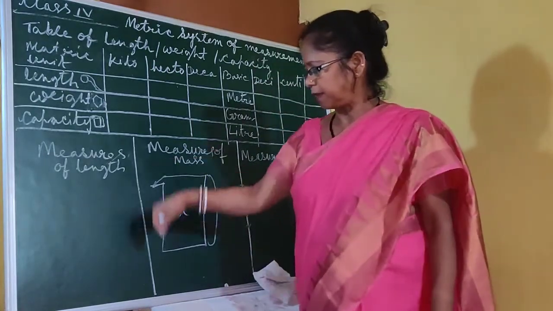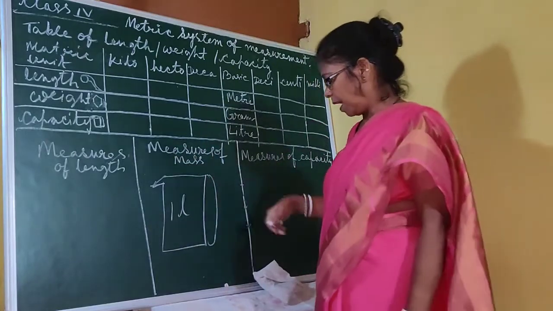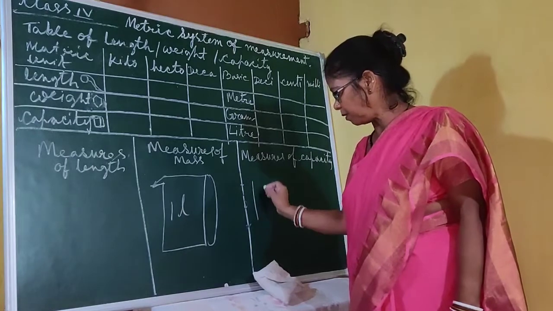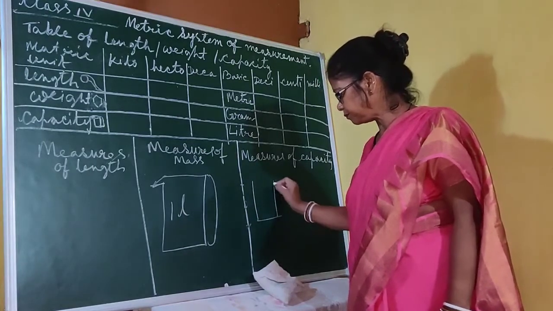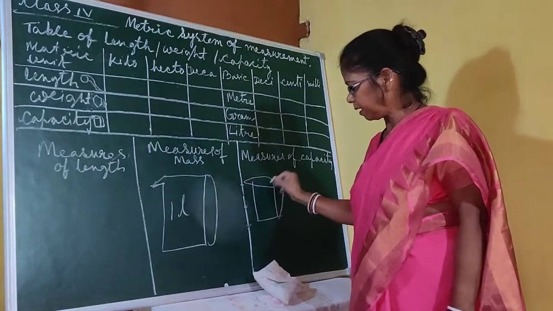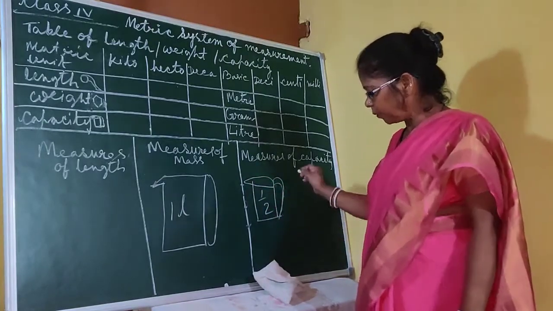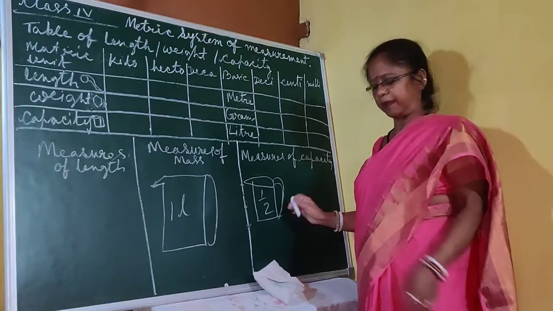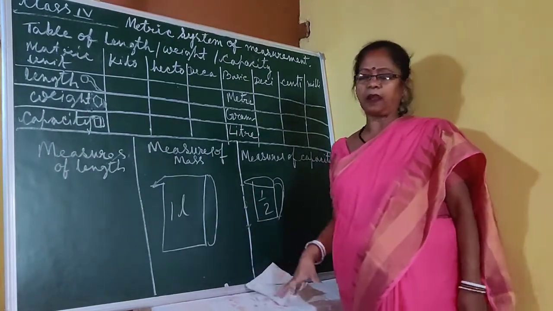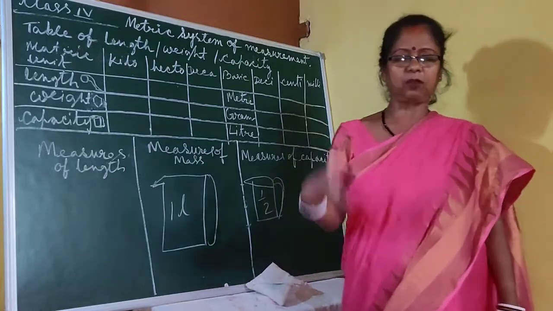That's the way. So it is called a 1 liter container. Then there is a half liter container, which is smaller. Then there is a 250 milliliter container also, like that. It is called capacity. That means how much milk one container can contain.